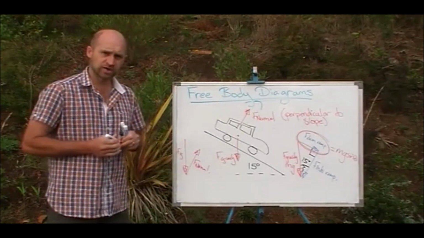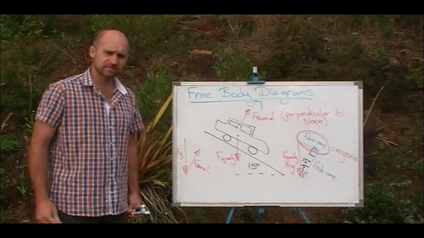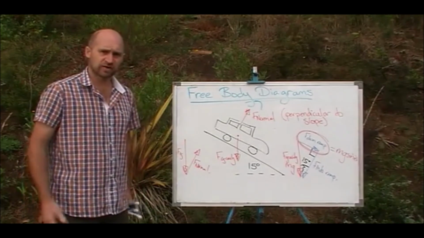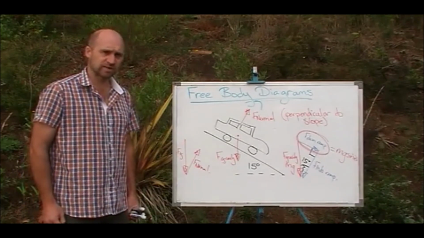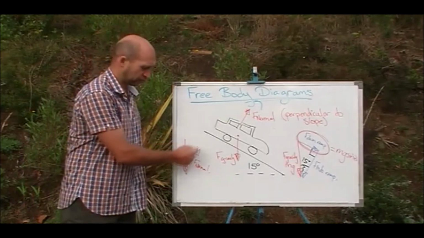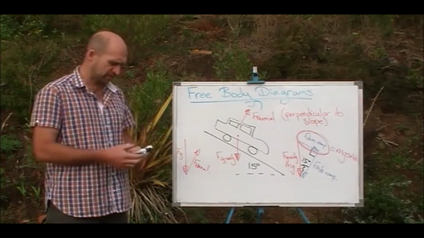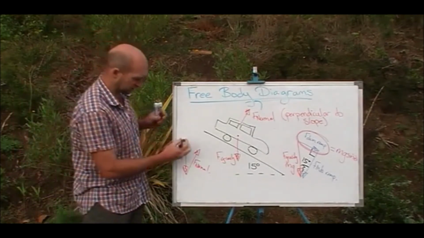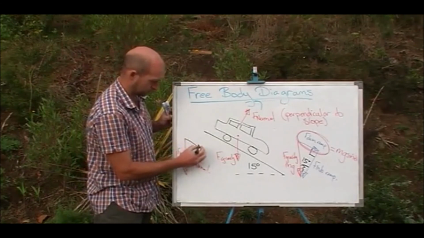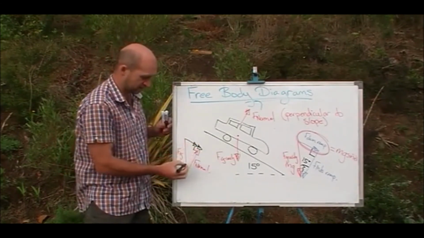Now the other way of thinking about this, of course, is to add the two vectors together that act on the car and find out what the resultant is. Thinking about it that way, we've got gravity directed downwards, normal force directed at right angles to the ramp, and therefore the resultant force is going to be that one there.